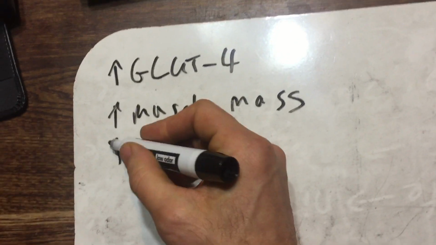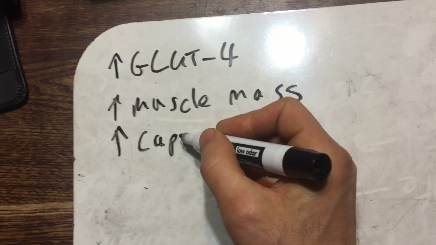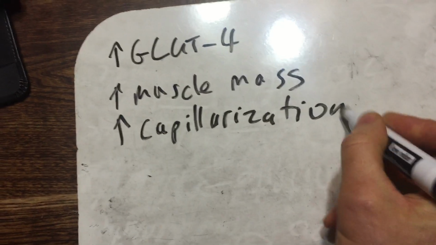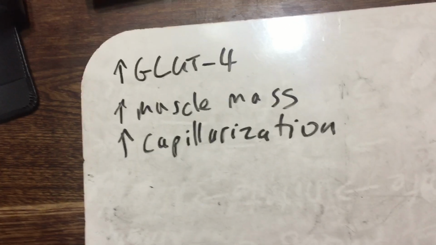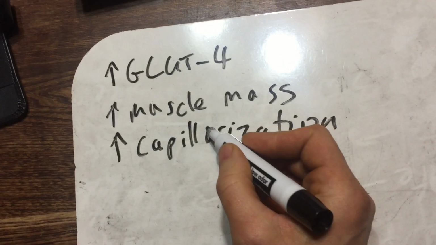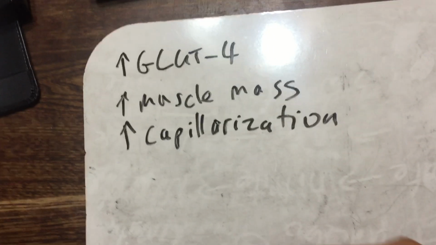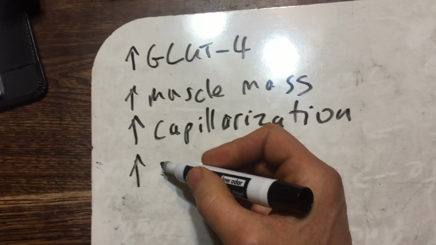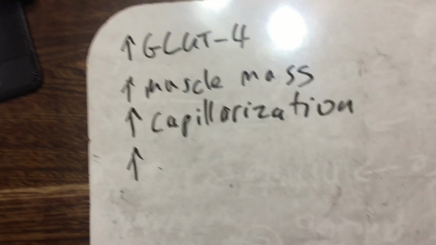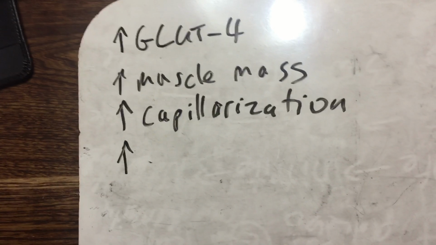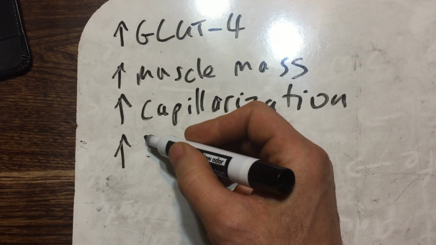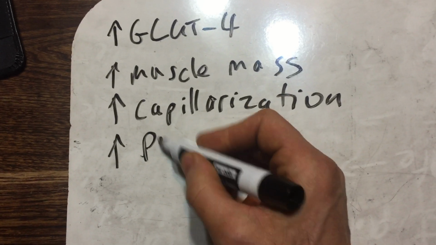You can also say increased capillarization of muscles. This would allow greater glucose to be delivered through the blood to the muscles. You can also say increase in any of those mitochondrial enzymes that are involved in glucose oxidation or the aerobic metabolism of glucose. So you can say increase in pyruvate dehydrogenase.